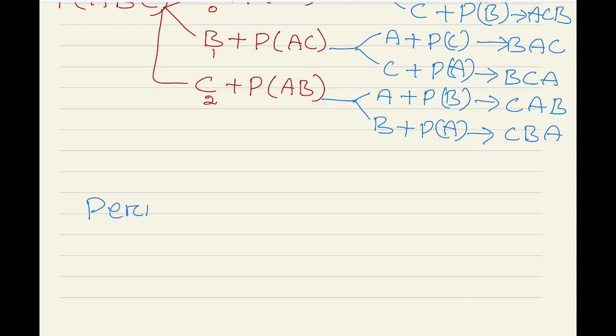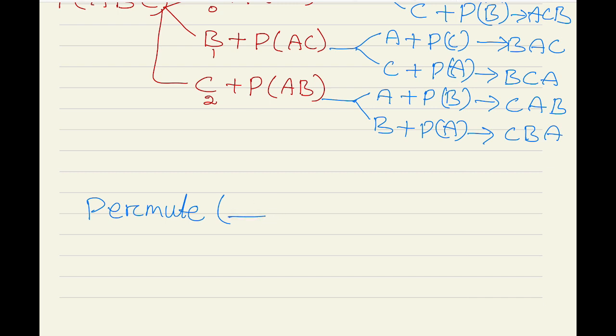Or for simplicity, in place of P, write permute as the method. If permute is the method, what is the base case? The base case is when only one single character is there, or simply when no character is there.